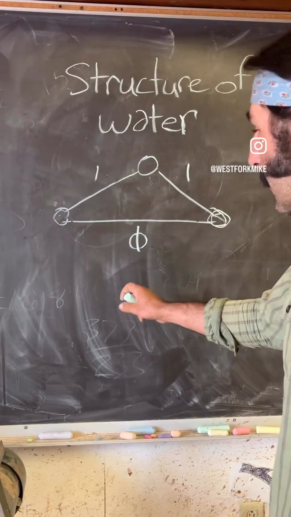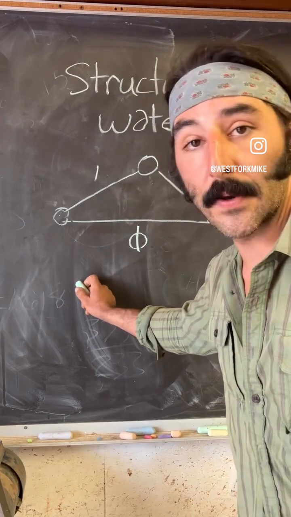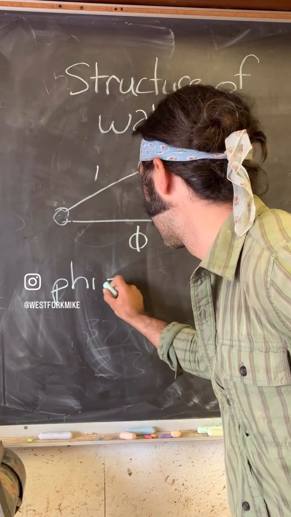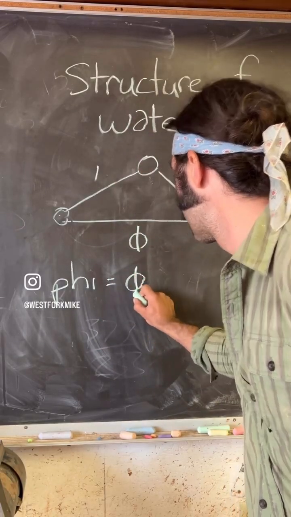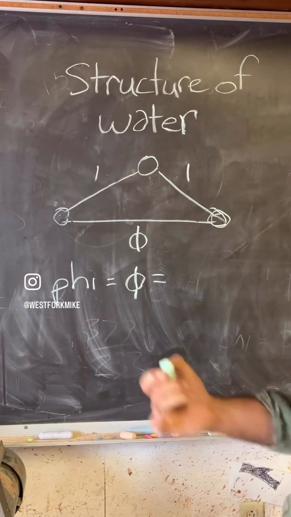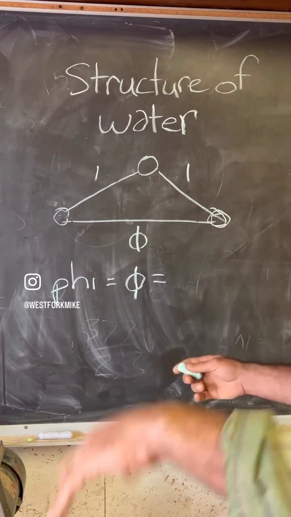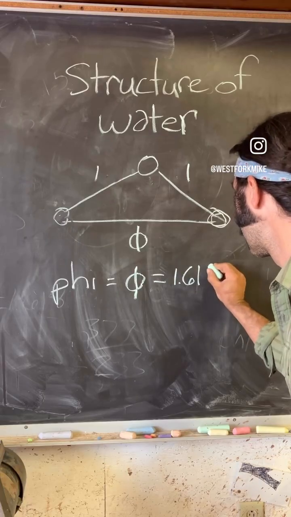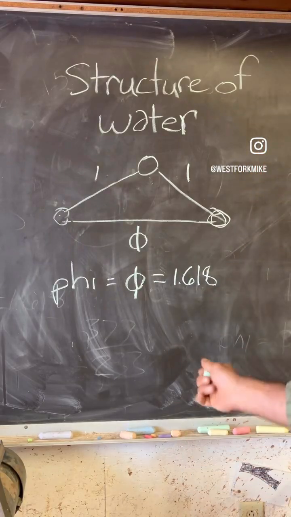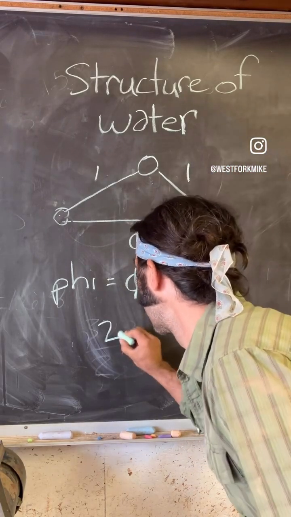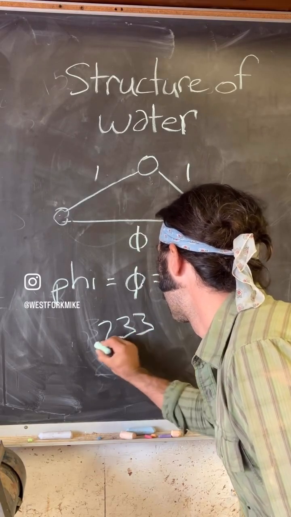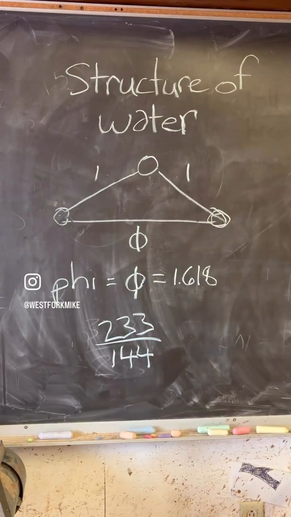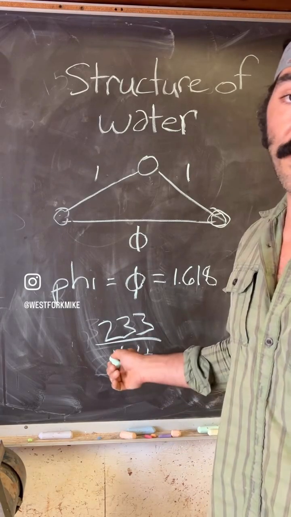This ratio is known as phi, which equals, if you remember from some old math class, the ratio of 233 over 144.